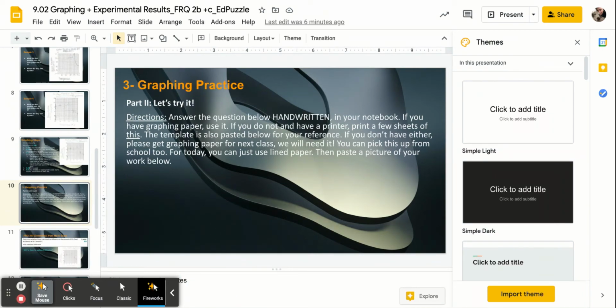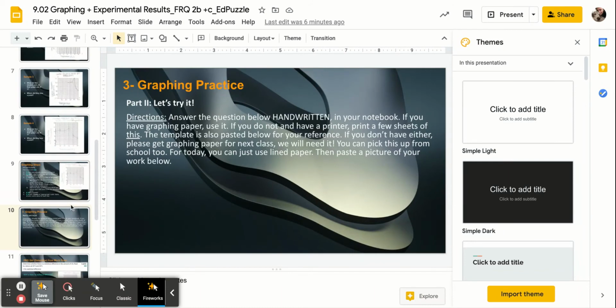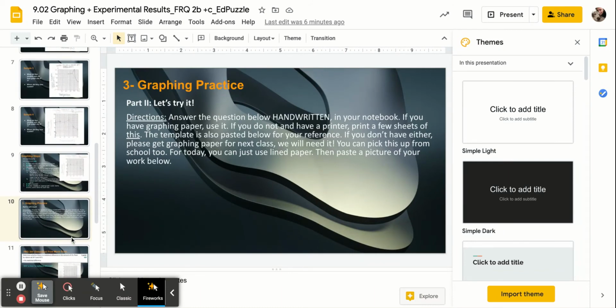But please do get some graphing paper, and if you don't have it, I can provide some. You can come to school and I can hand it off to you. But for today, you can use line paper, and then you're just pasting a picture. Okay, so go ahead and do that now. It's going to take you a few minutes.